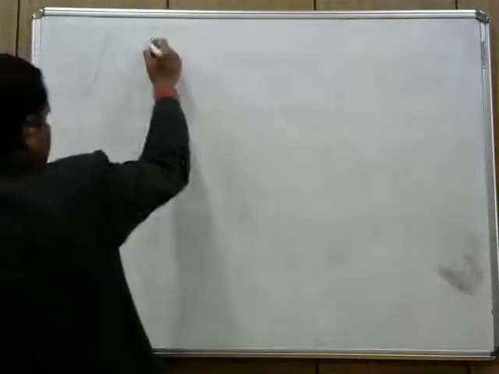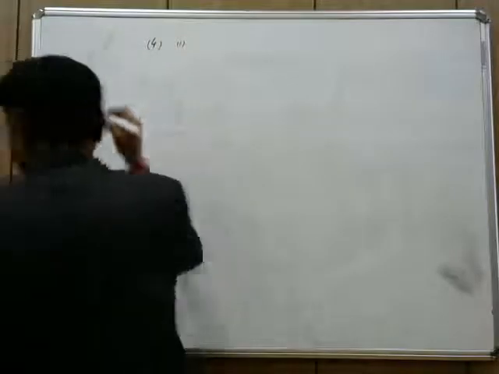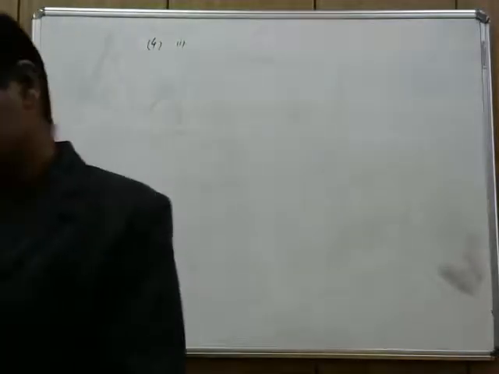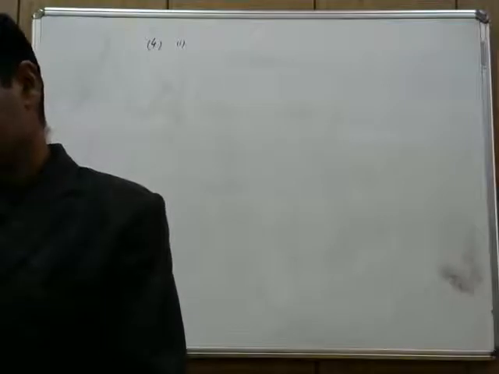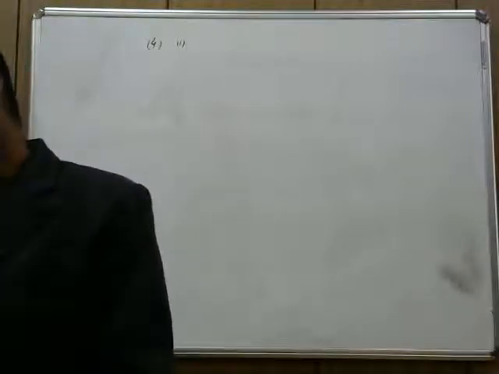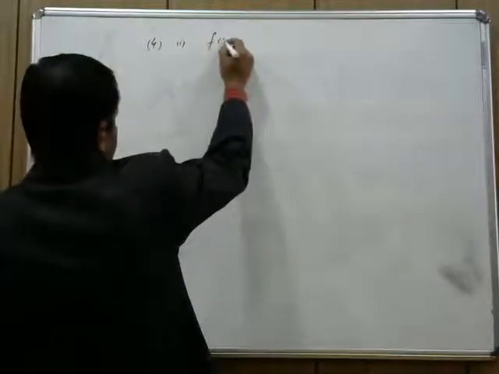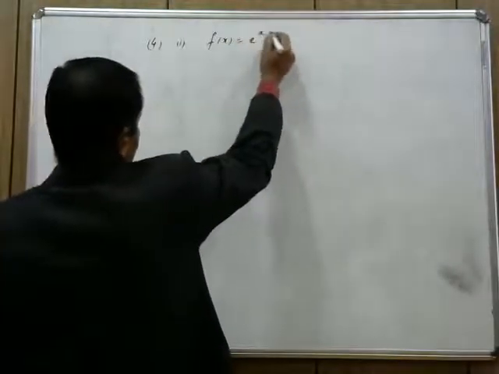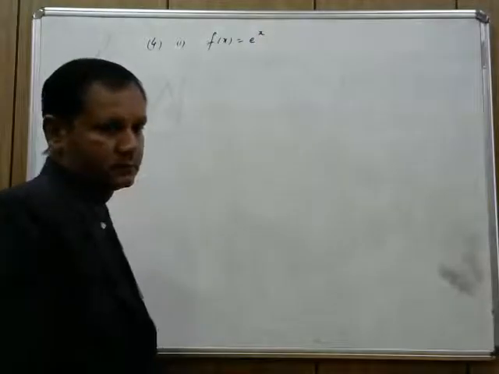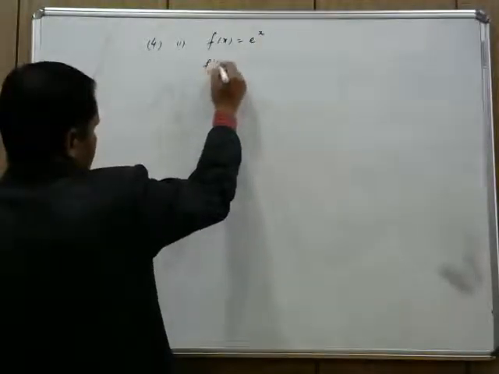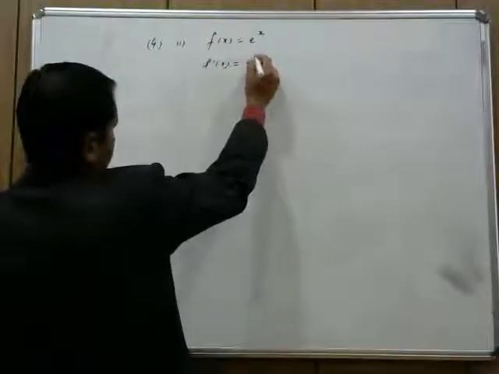Question number 4. It is given: prove that the following functions do not have maxima or minima. The first function is f of x is equal to e to the power x. When f of x is equal to e to the power x, f dash of x is equal to e to the power x.